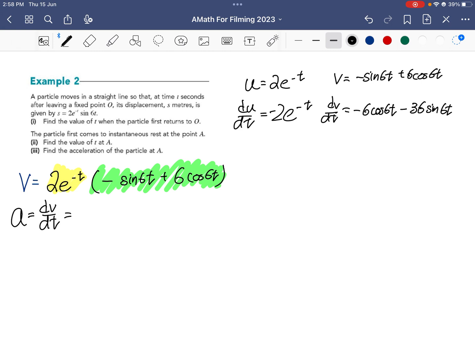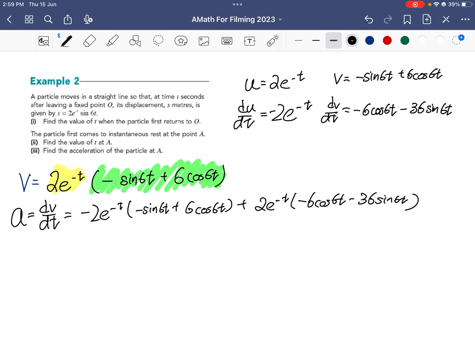Therefore, the acceleration is given by v du/dt plus u dv/dt, like this.